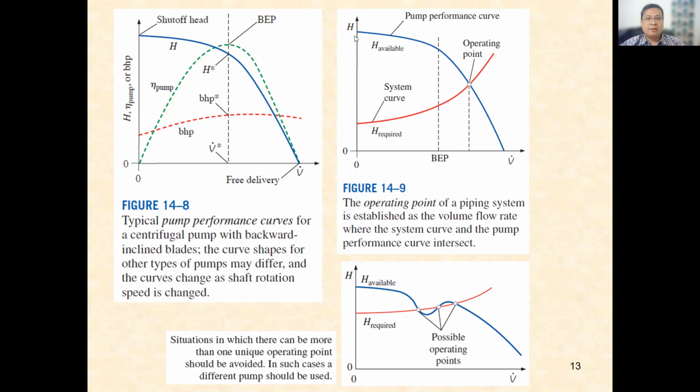volume rate, and then in the head available, pump machine or pump motor, we supply by zero flow rate will have the high head, and then by increase of the flow rate, the head will decrease.